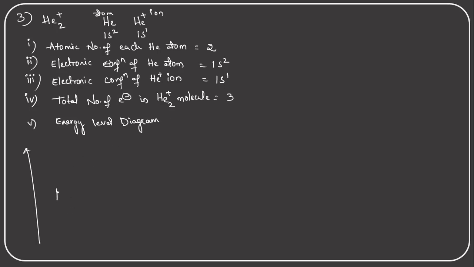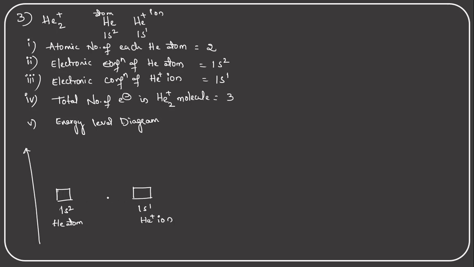So the energy profile diagram, so this I am taking as 1s2. 1s2 is the electronic configuration of the helium atom, right? So this is the helium atom I am taking on this side, and another one is the helium ion I am taking. This contains only one electron, so helium plus ion, right?